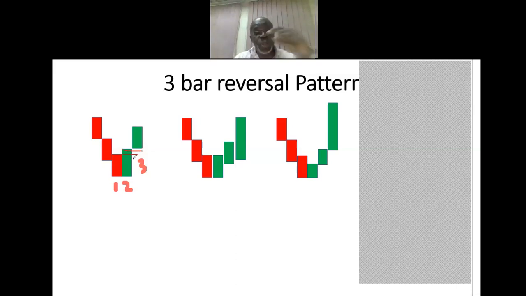Typically, once it starts flickering up there, you start getting ready to enter your trade. And ideally, that is the place you enter a buy or a long, after the apex candle. Why?